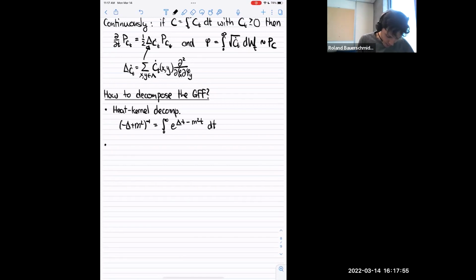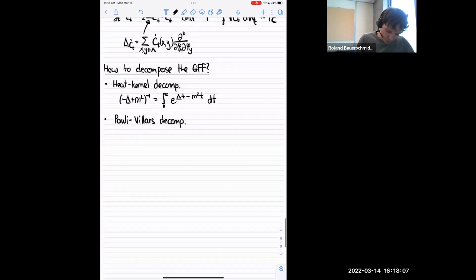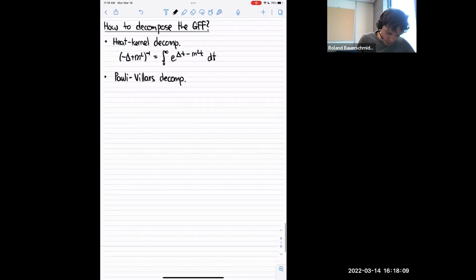There's other ways. Another one, which I call the Pauli-Villars decomposition, is you can write the Green's function as an integral over Green's functions by varying the mass parameter.